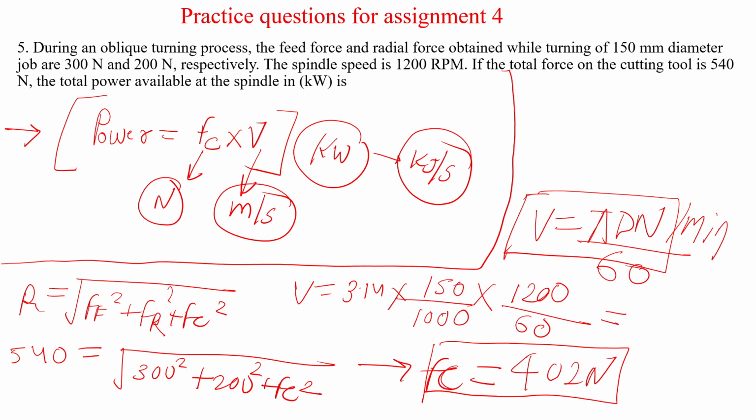To solve it, how much are you getting? 3.14 into 150... Value of V is how much you are getting? You will get this around 9.42 something meter per second.